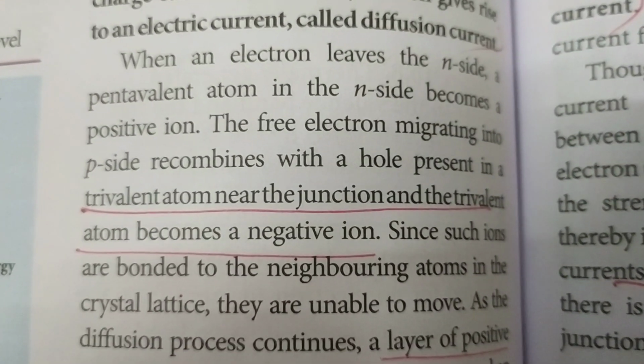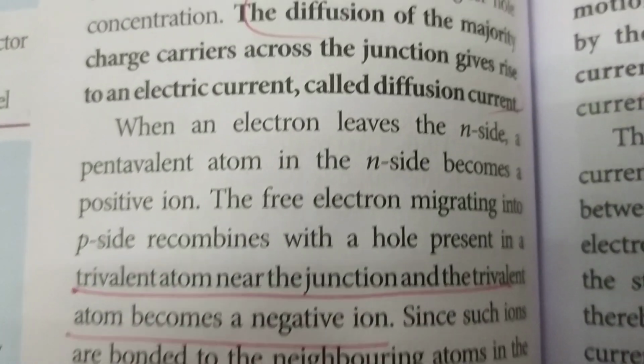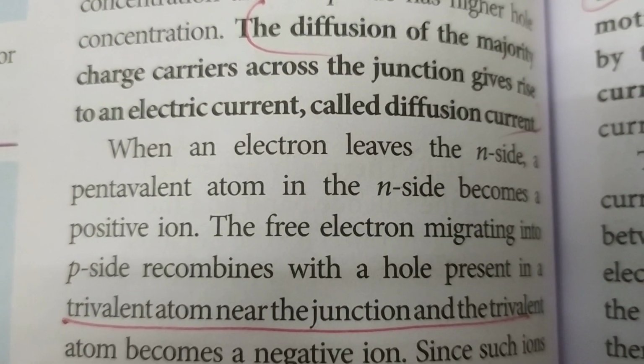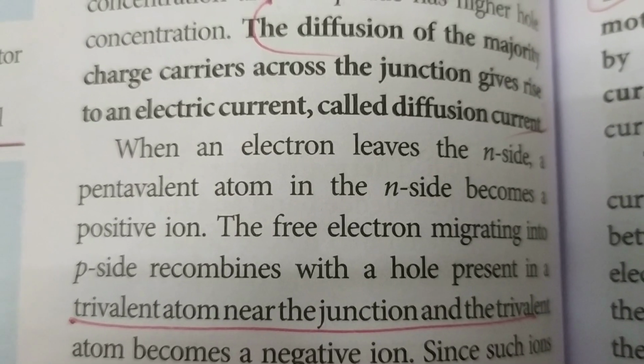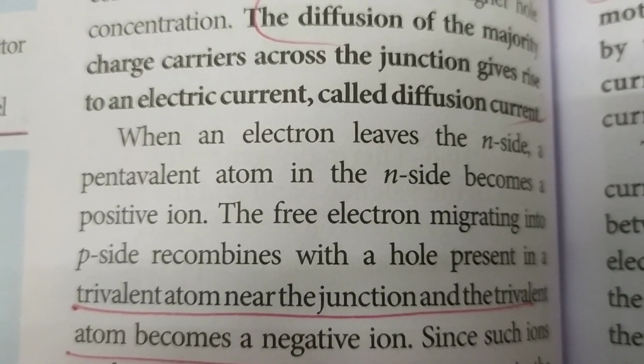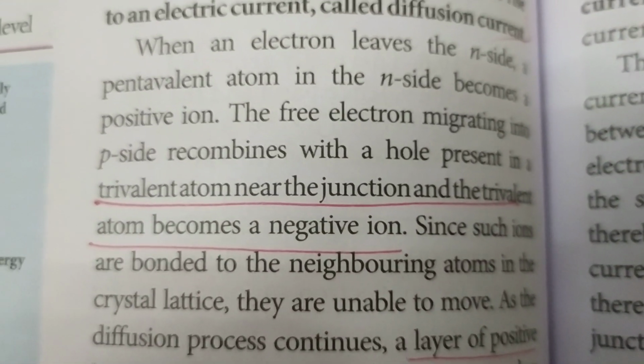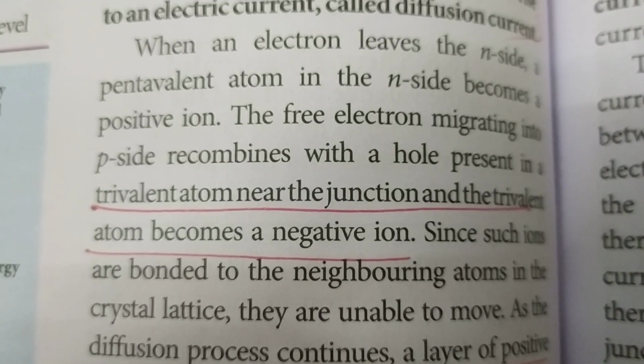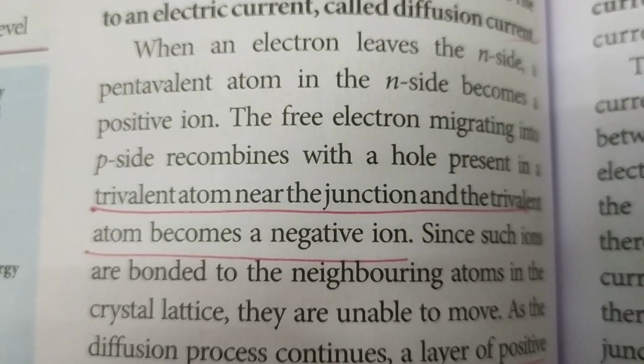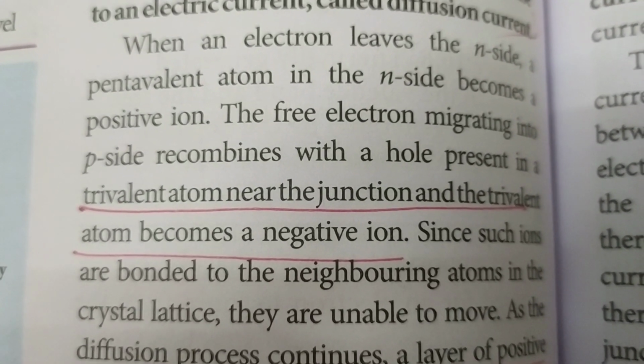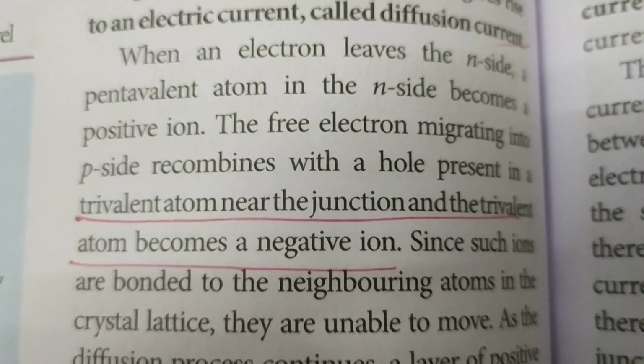So what actually happens near the junction? When an electron leaves the N side, the pentavalent atom becomes a positive ion. The electron recombines with a hole present in the trivalent atom near the junction, and the trivalent atom becomes a negative ion.